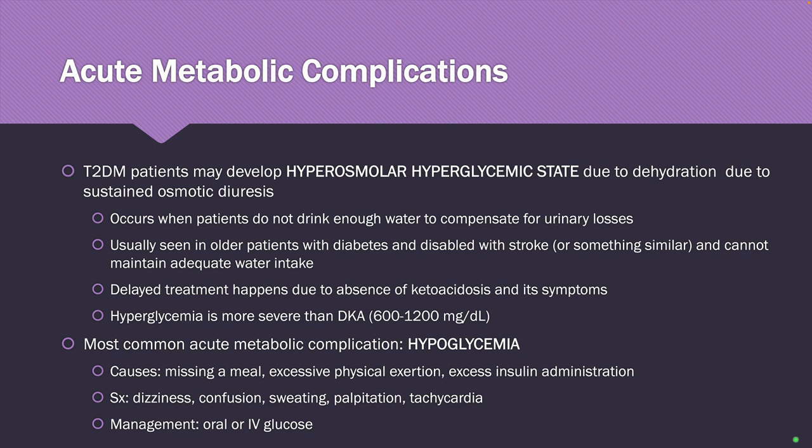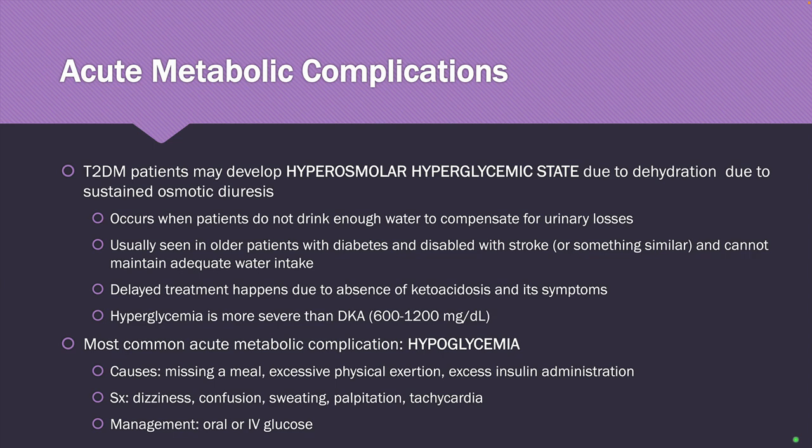So, the delayed treatment for this condition occurs due to absence of ketoacidosis and its symptoms. Hyperglycemia in these patients are more severe than DKA. Ang levels of blood glucose is around 600 to 1,200 milligrams per deciliter.